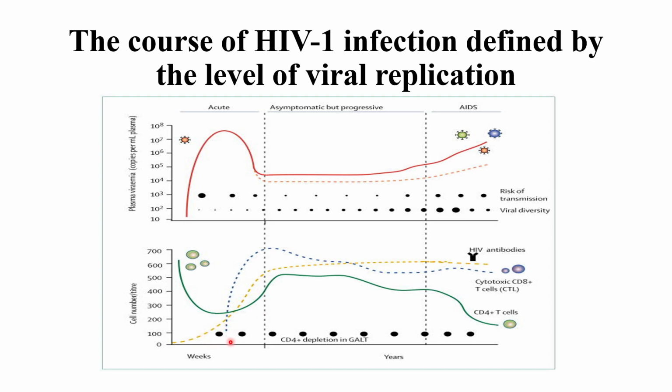And this black line in the second graph indicates the CD4 plus depletion in GALT. So this remains stagnant. This shows that CD4 plus cells remain stagnant within the body, which helps the HIV virus to continue to replicate within the body.